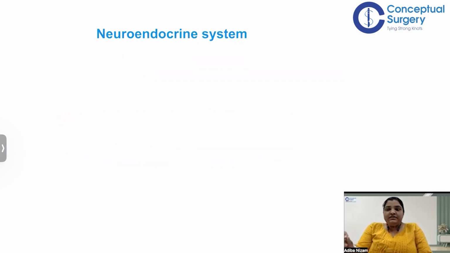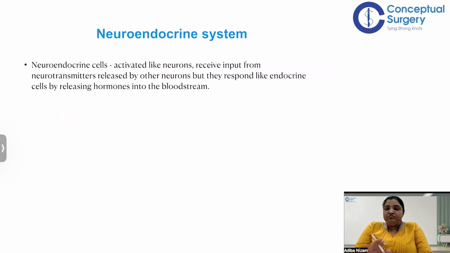Firstly, we are going to do a quick revision of what we discussed last time about the neuroendocrine system. The neuroendocrine system in our body consists of neuroendocrine cells, which are ectodermally derived, and they are like neurons. They are activated by receiving an input from the neurotransmitters that are released by neurons.